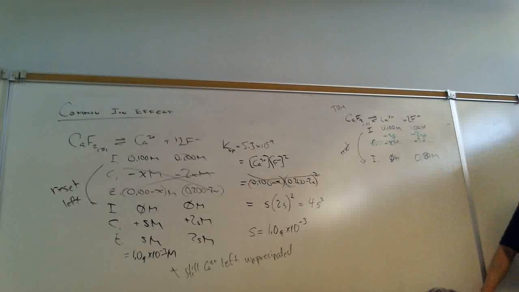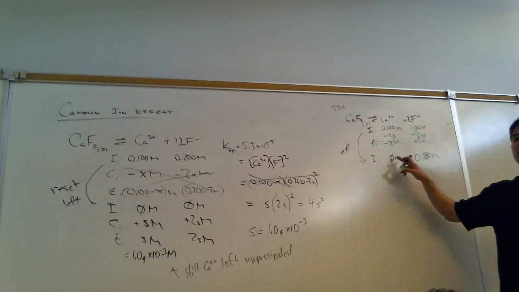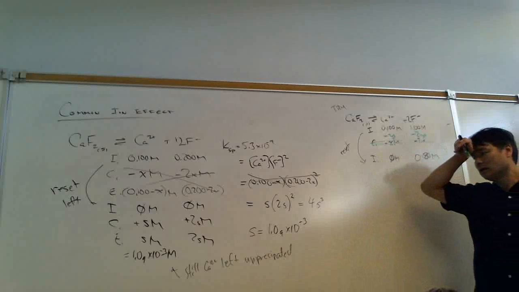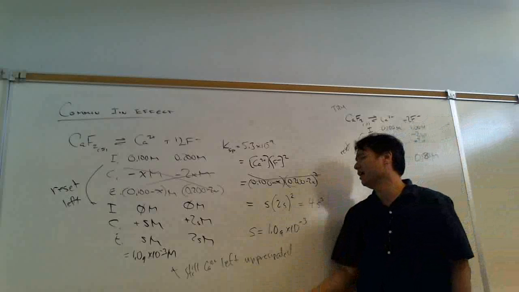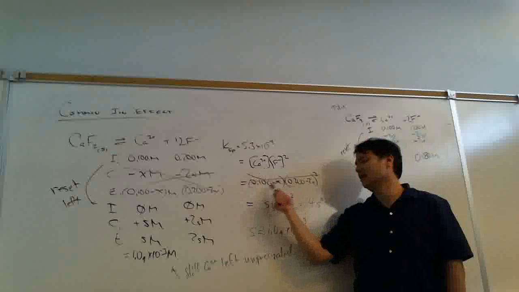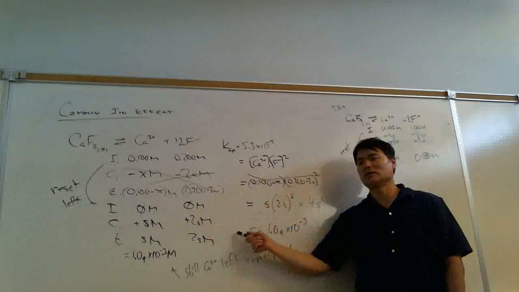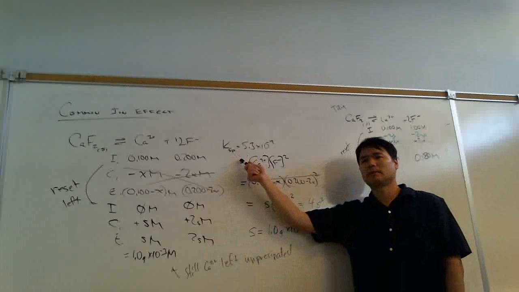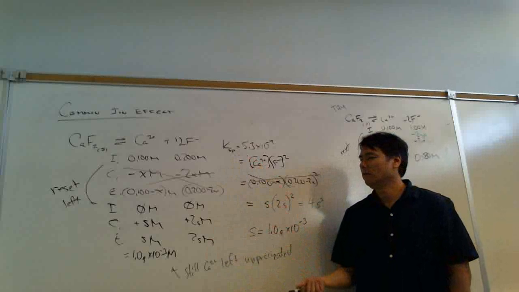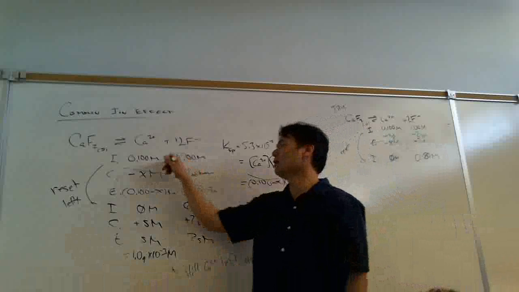I'm kind of confused how you knew that you still had Ca2+ left. How did I know? Oh, because I calculated the equilibrium conditions here using Ksp. And so why didn't we go 100% reverse?